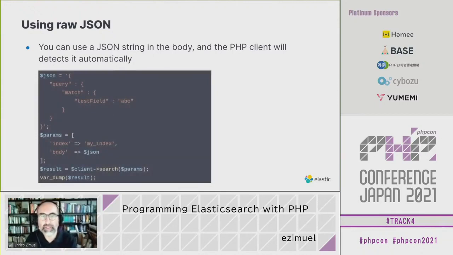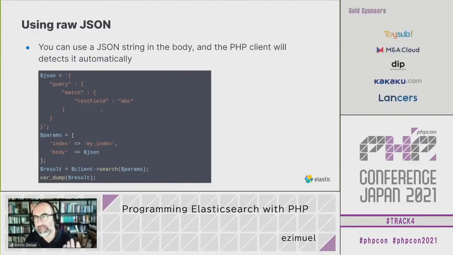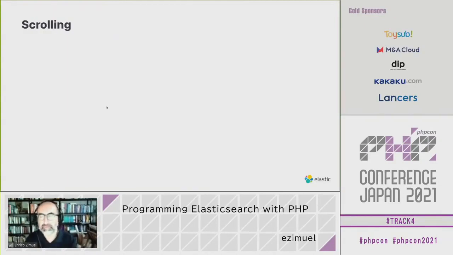You just have to specify in the body, as you can see here, the string that contains the JSON. In this case, I just translated the query that I showed you in the previous slide into JSON. So as you can see, this is JSON, so it's a string for PHP. You can specify it in the body, and you can execute the search. This can be convenient if you already have the JSON for your REST API. Maybe you copied it from another project or another language, whatever. So this can be nice.